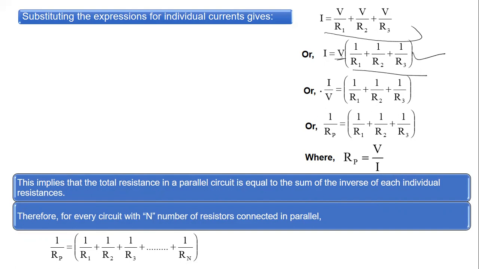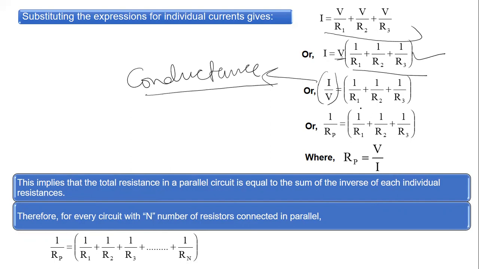Now taking V to the other side, which is I by V, which we also call conductance, right? So it is equal to 1 by R1 plus 1 by R2 plus 1 by R3. But we know that V by I is equal to Rp.